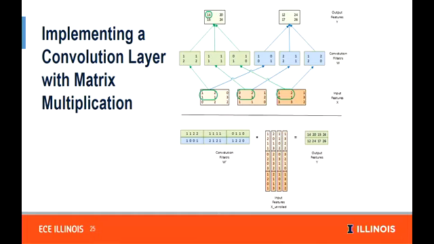So this gives us a fairly big continuous inner product in the computation. Now I can take the next set of my filters, do the same thing and make them into the second row of the weight matrix.